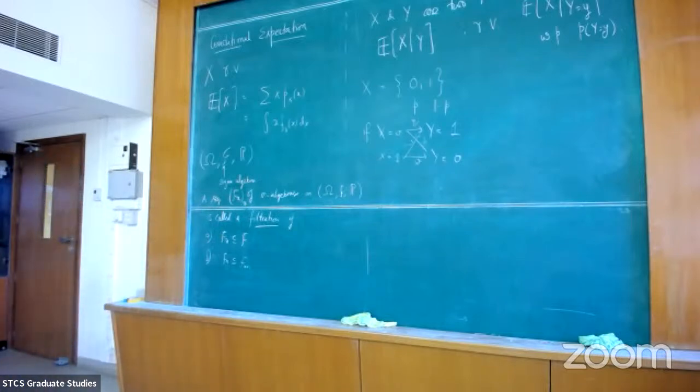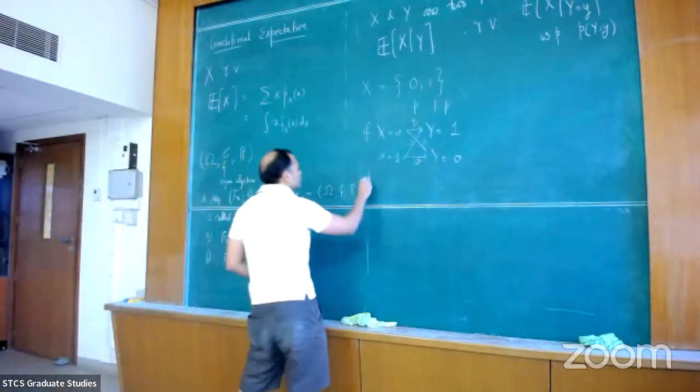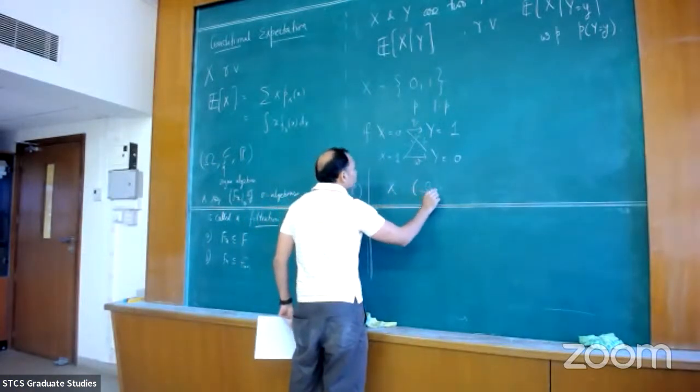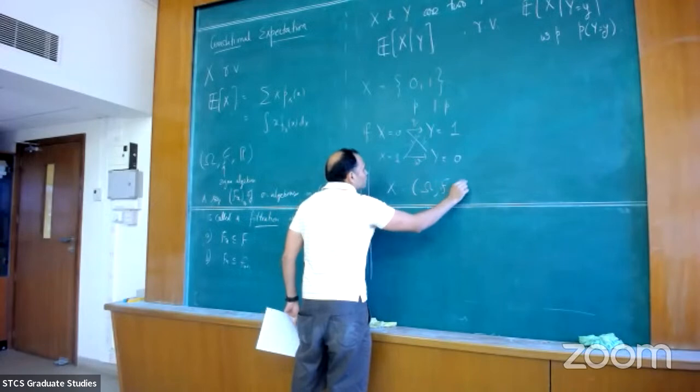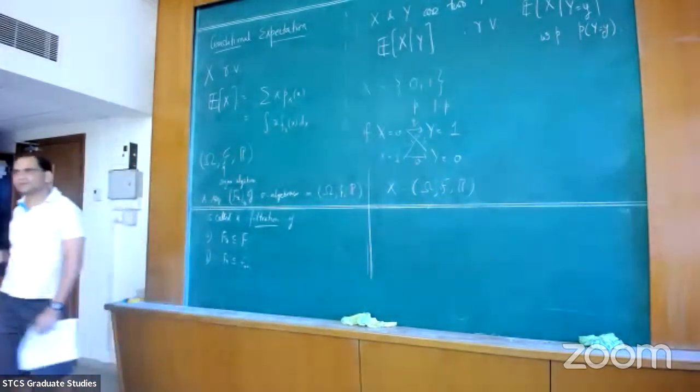Can you give me a simple example of a filtration? So suppose there is a random variable x with respect to omega, F, P. Can you use x to give me one?